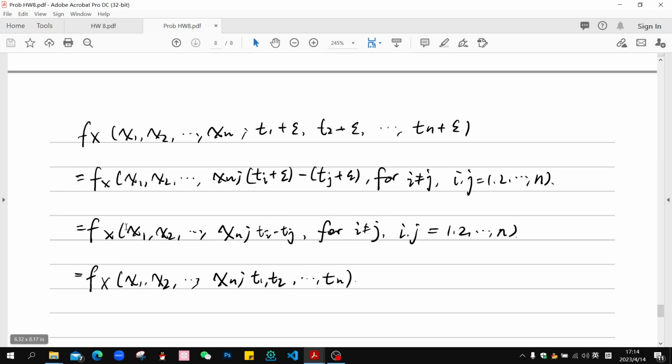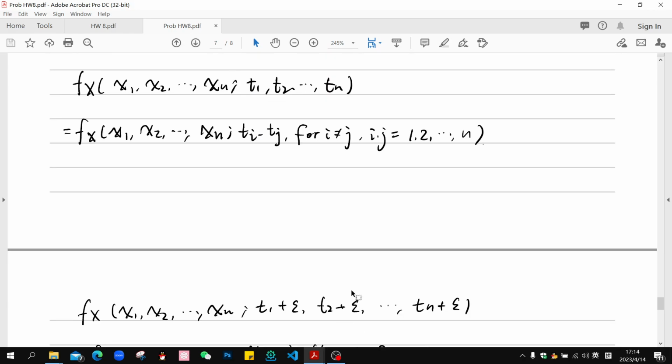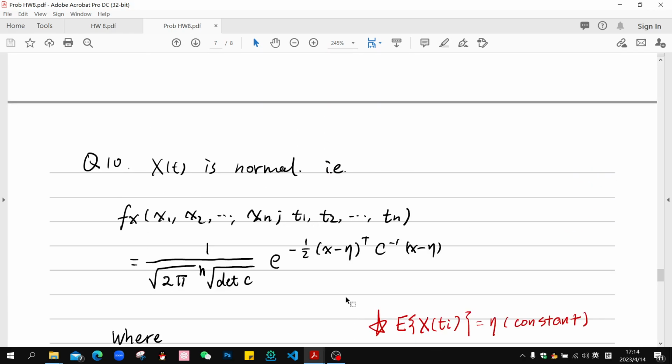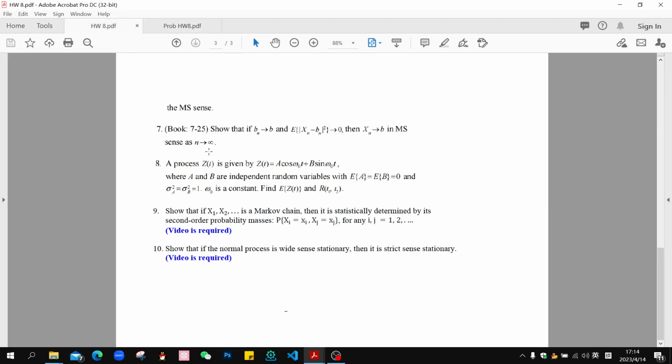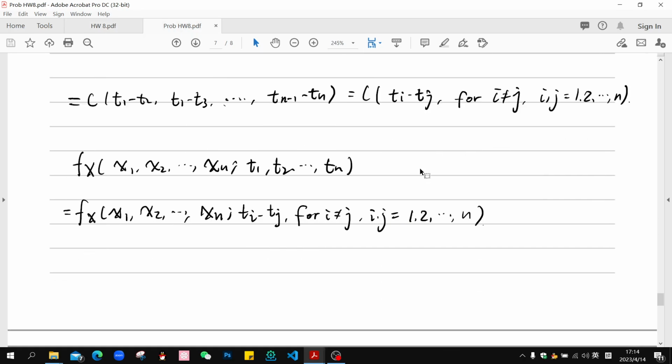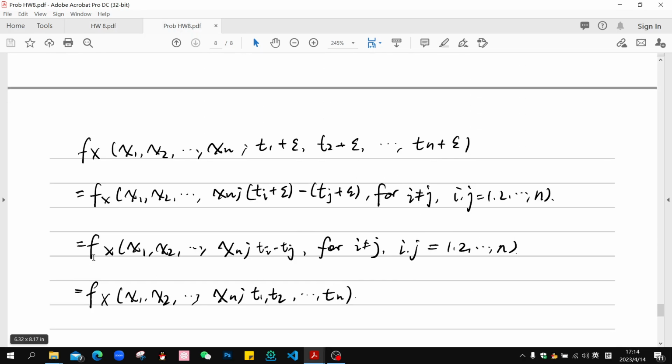So we find that this f_X is equal to this probability density, which means that X(t) is strict sense stationary, because this satisfies for all ti, tj, and epsilon.